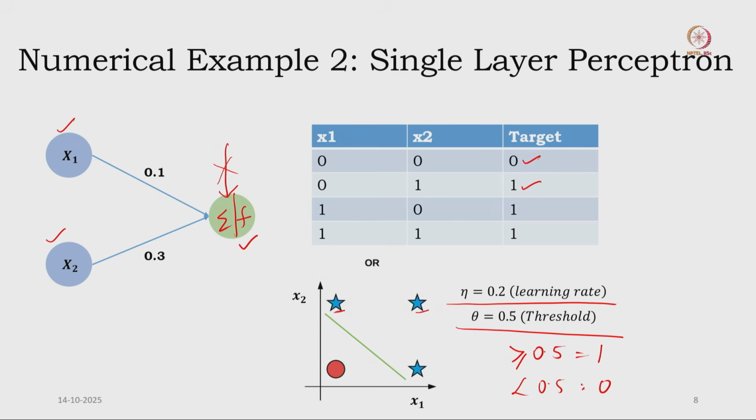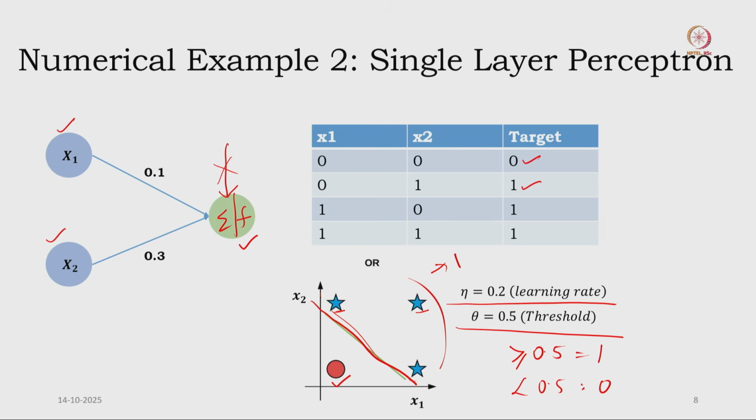You can see clearly there is a difference between two classes. When we plot this data set, there is a clear differentiation. This is class 0, and all these points belong to class 1. Between these two classes, we are able to clearly separate them using a line.